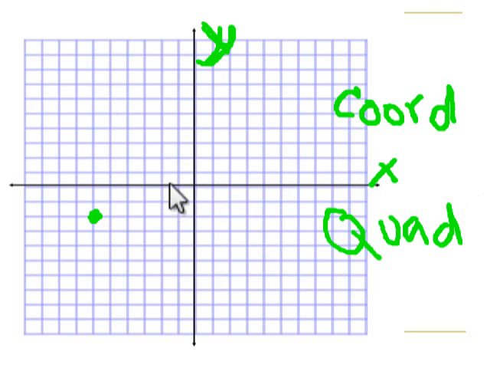Okay, so in our ordered pair, we're going to start with the x coordinate. So for the coordinates of this point, we're going to put them in parentheses, starting with our x coordinate. So we're going to start here at 0, and we're going to take 1, 2, 3, 4, 5, 6 hops to the left.